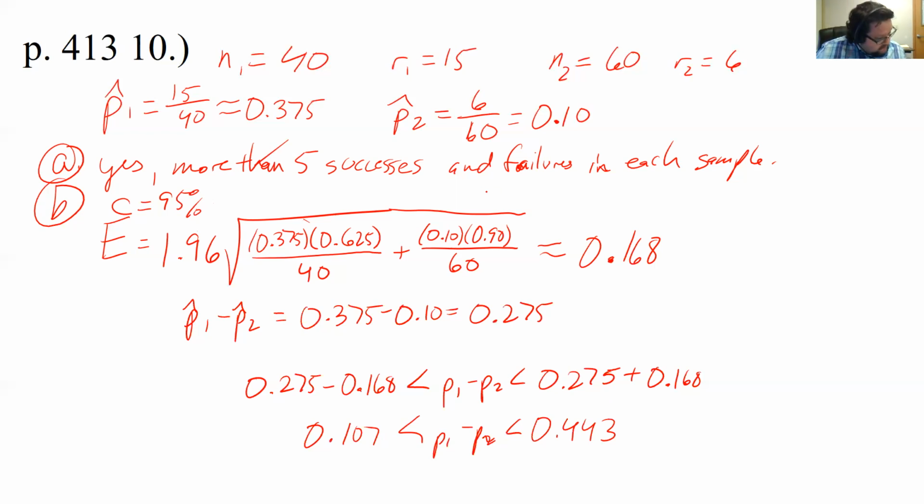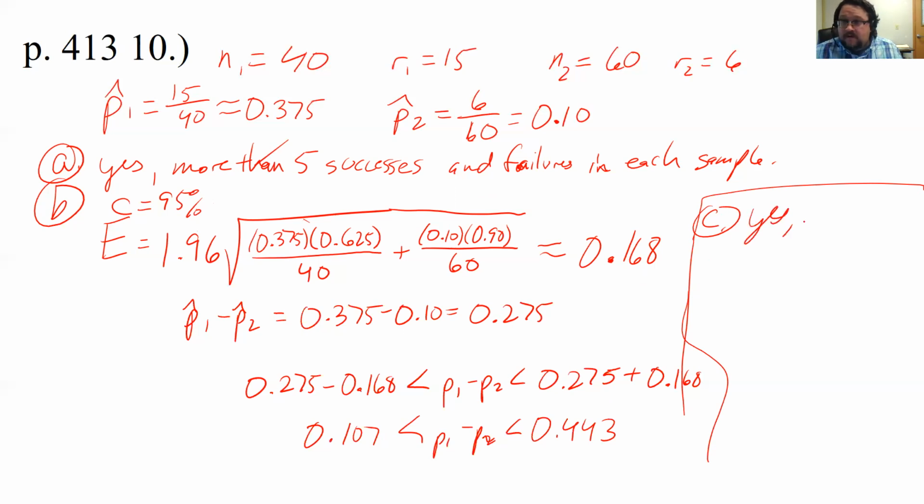That means the first one, at this level, we are sure the first one's bigger. All right, so let's see. That's probably what C is going to ask us. Kind of running out of space here. C. All right. Based on the confidence interval, can you be 95% confident P1 is more than P2? Yes.